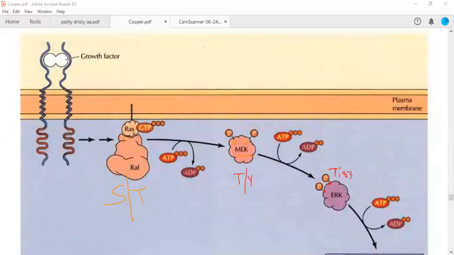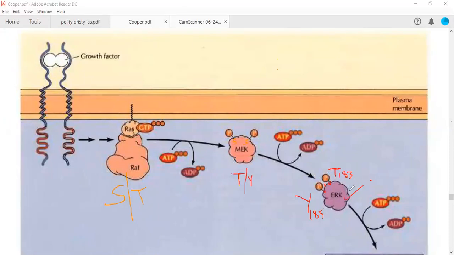This is threonine, and at the 185th position, meaning there is a single amino acid in between, some amino acid X in between, it is followed by tyrosine Y at the 185th position. So this is called a dual specificity kinase, because it will phosphorylate both the threonine at the 183 position and the tyrosine at the 185th position, and it will result in the activation of this downstream protein ERK.